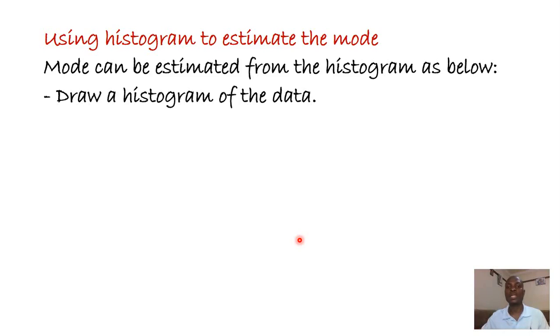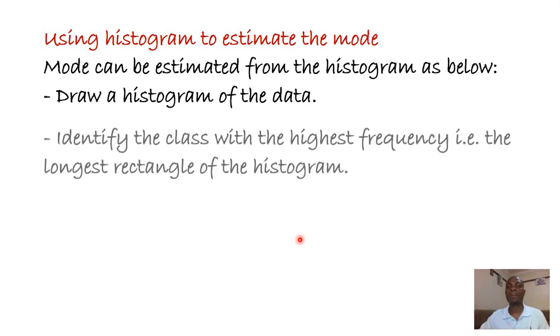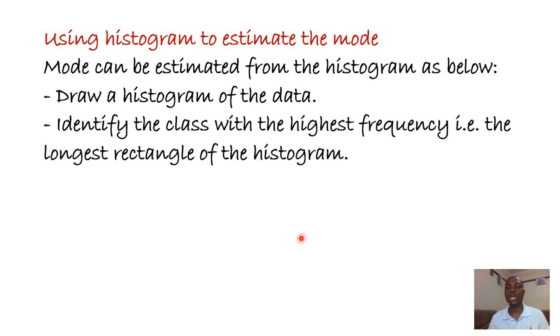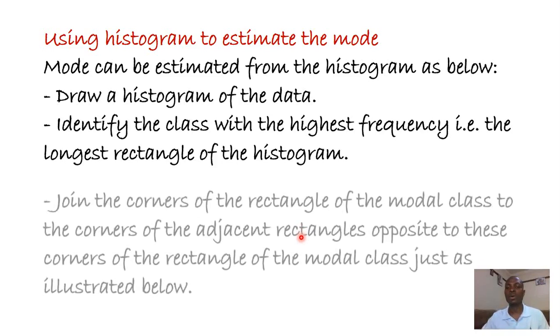We're going to look for the longest rectangle on that histogram. And then after that, we shall join the corners of the longest rectangle to the opposite corners of the rectangles that are adjacent to the longest rectangle.